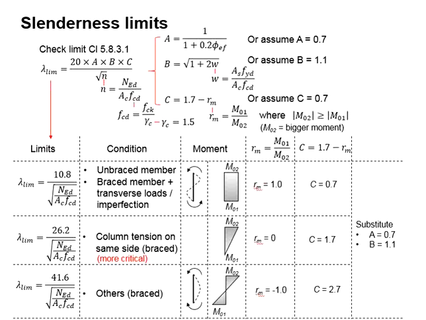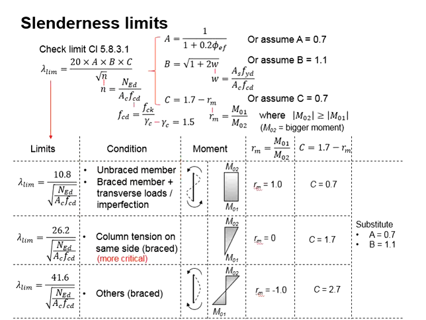Now, having this understood, let us look into the classifications of the conditions of the column. There is one common misconception. Most students assume that this equation is applicable to only the unbraced member.